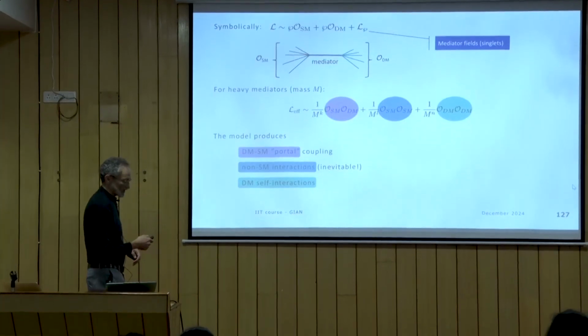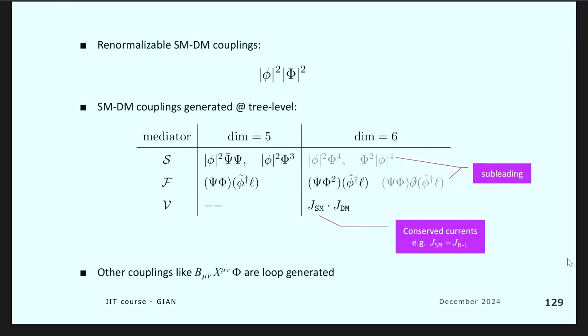In this fashion. So let's look at what we get. The lowest dimensional term is two scalar doublets in the standard model, two in the dark sector.